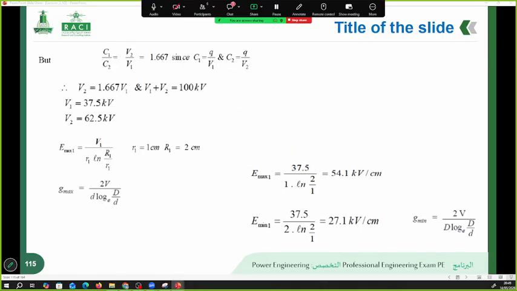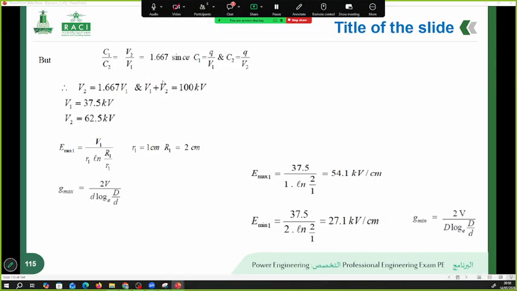Okay, this slide continues the analysis by relating the capacitance ratio to the voltage distribution across the two dielectric layers. Since the charge Q is the same in both regions, the capacitance can be expressed as C1 equal to Q over V1, and C2 equal to Q over V2, leading to the relationship C1 over C2 is equal to V2 over V1.